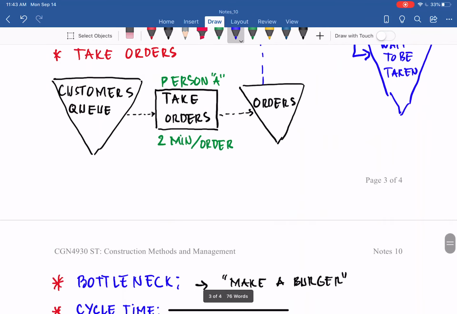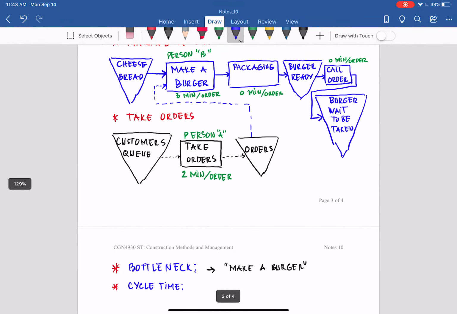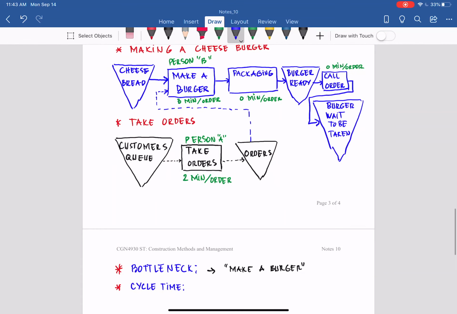So think about this operation: what should the cycle time be? 2 minutes, 3 minutes, or 5 minutes? Because the bottleneck is making a burger, it controls the productivity of this fast food operation.